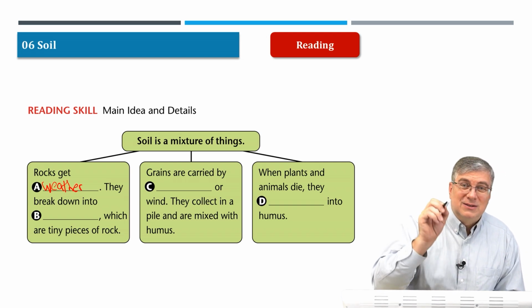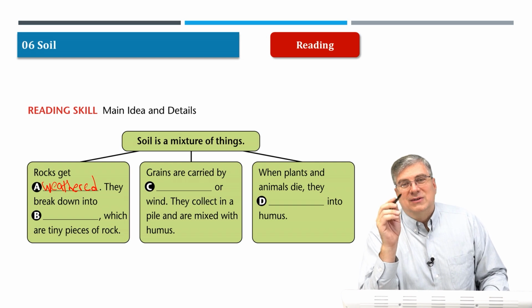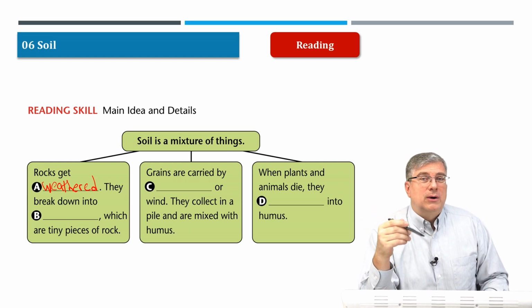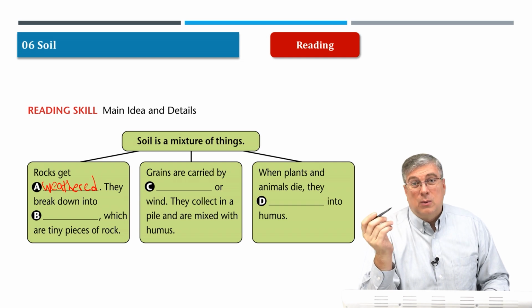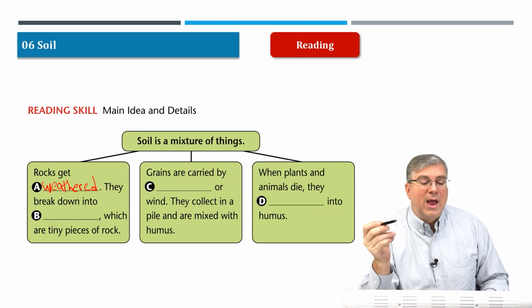W-E-A-T-H-E-R. And because it's a verb, not a noun, we say weathered. So remember, you can think about weather as a noun, what is the weather like? Or you can think about weather as a verb. To weather something means to change because of usually the weather, but it could be an experience like I said before. So weathered, rocks get weathered.